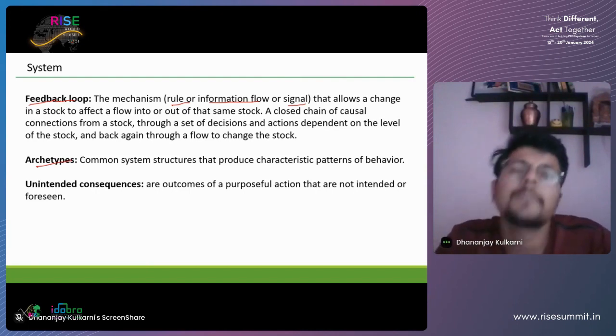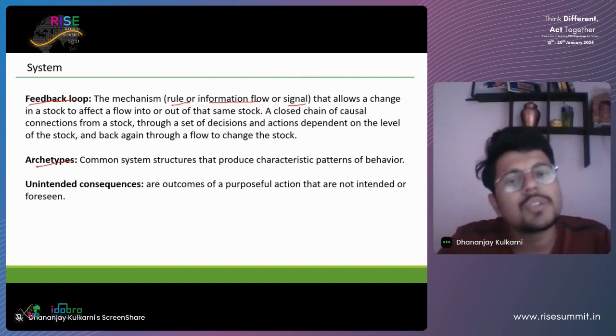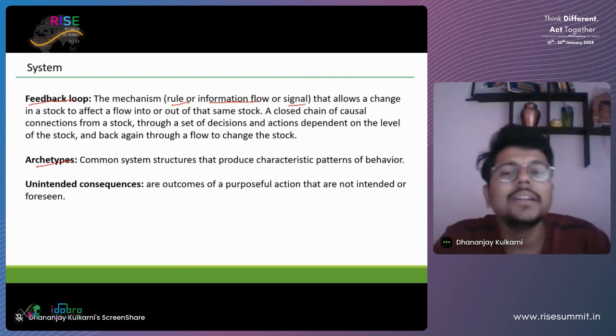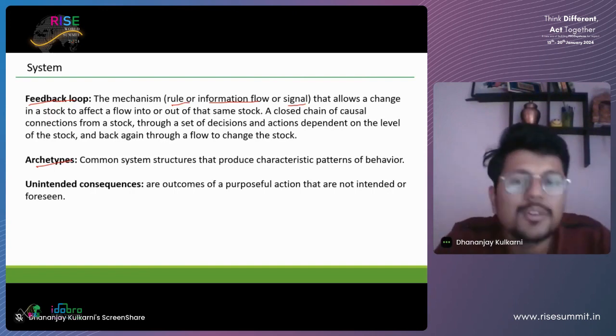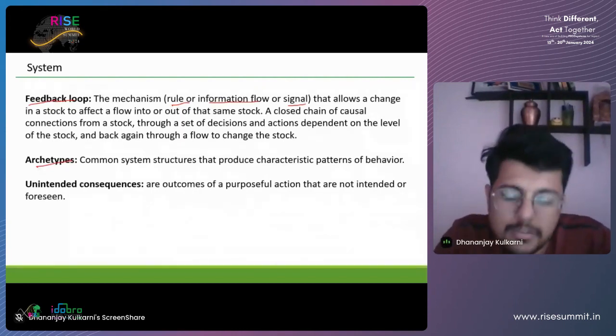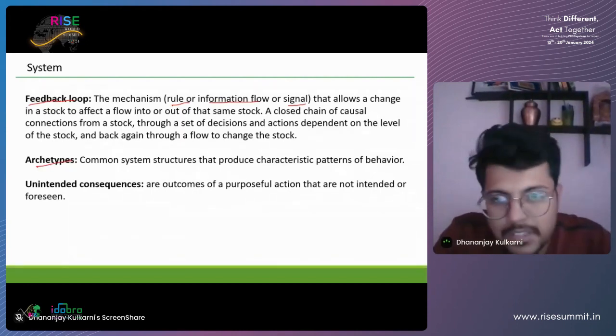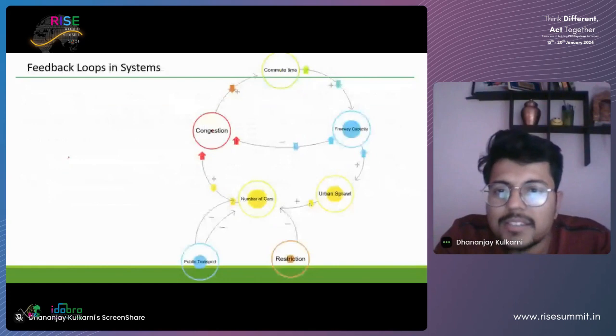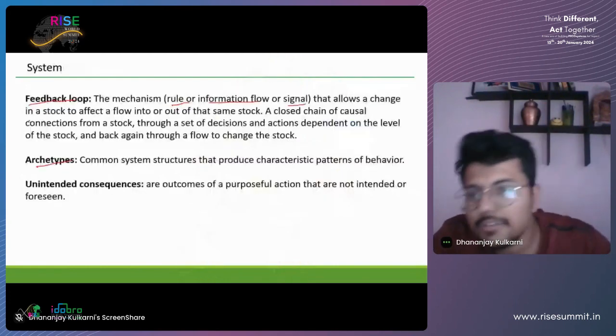Many times we design an intervention for one particular purpose, but unfortunately we couldn't see the unintended negative outcomes from that. These are called unintended consequences. These are important definitions when we talk about systems thinking, and I'll give some examples in the next slides as well.